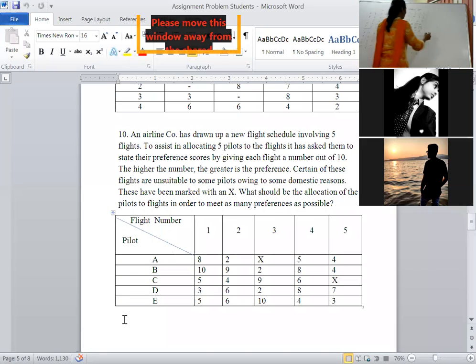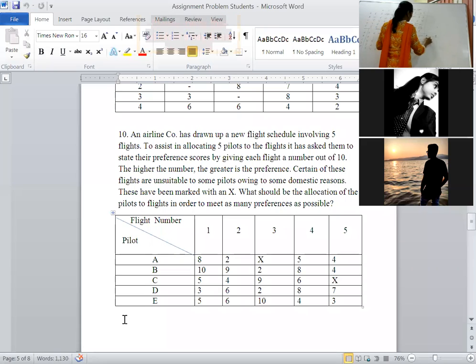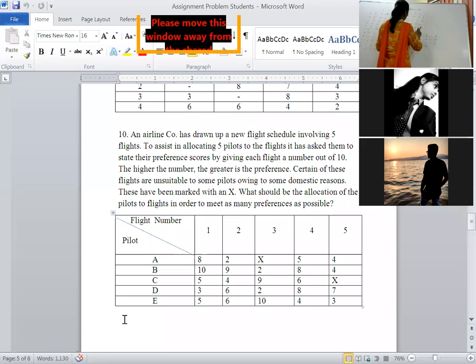Yes. A goes to 1, and the value is 8. B goes to 2, and in the original matrix the value is 9. C goes to 4, the value is 6. D goes to 5, the value is 7.